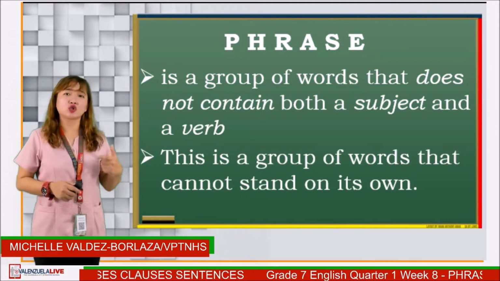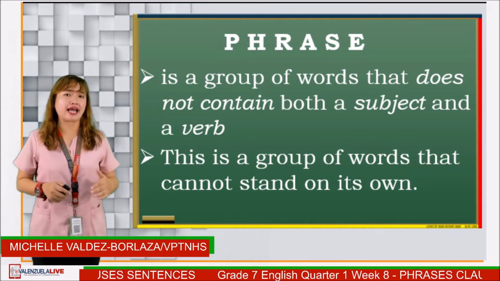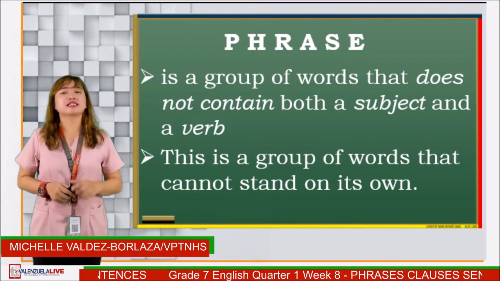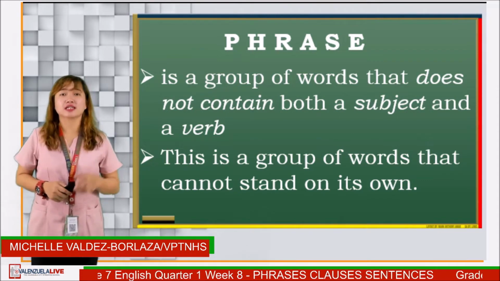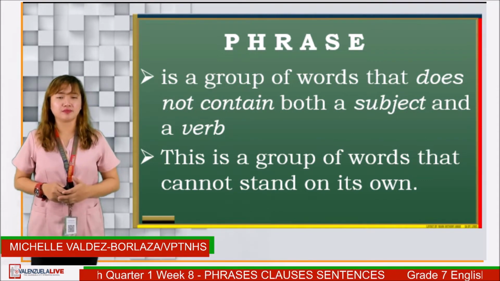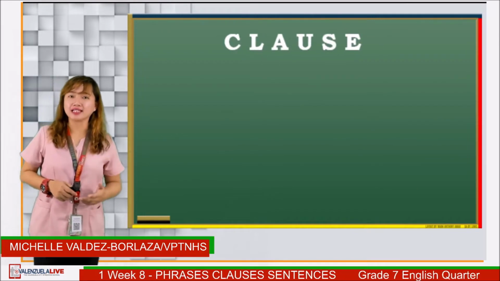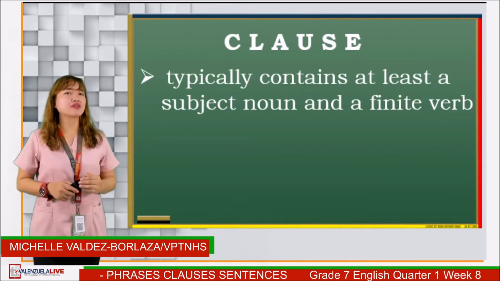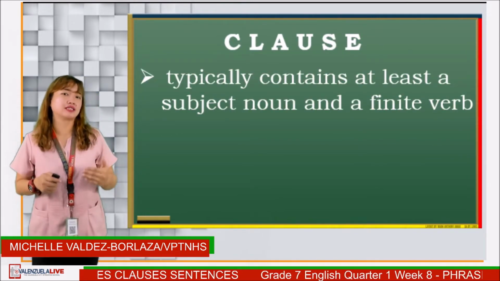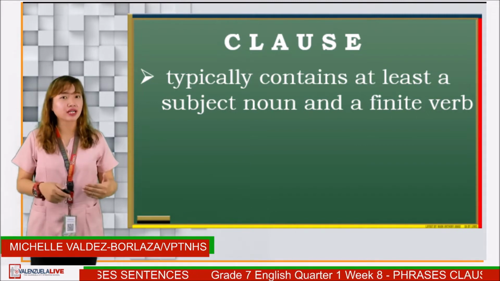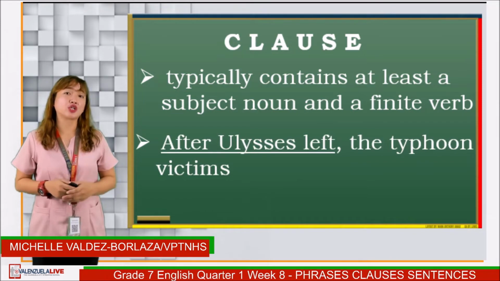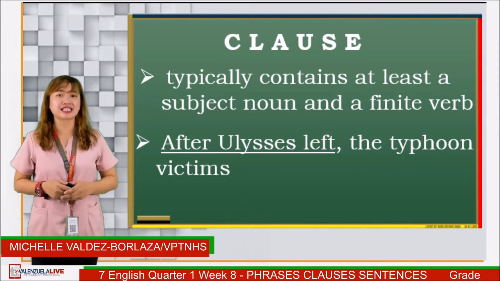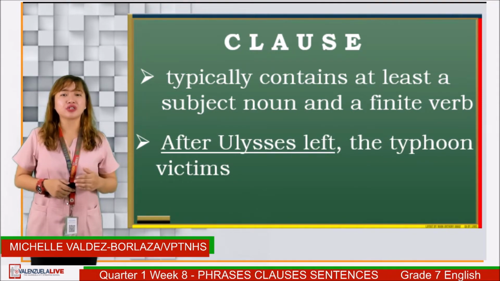This is a group of words that cannot stand on its own. Just like the first group of words in your second challenge, the typhoon victim. On the other hand, a clause typically contains at least a subject noun and a finite verb, just like the underlined group of words in your second challenge, after Ulysses left.